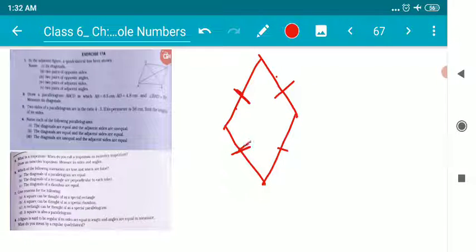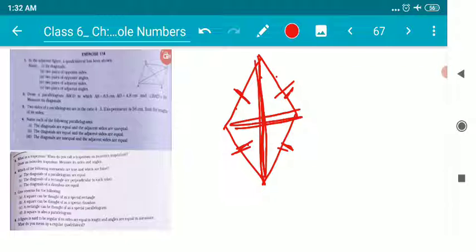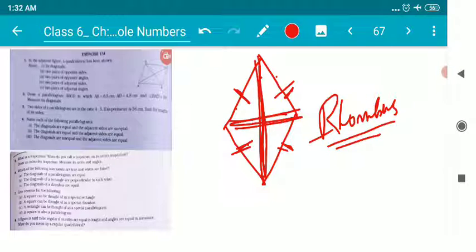This one is equal to this one is equal to this one is equal to this. All the adjacent sides are of equal measure, but the diagonals are of different length. One is longer, the other one is shorter. So the answer of this question is rhombus.